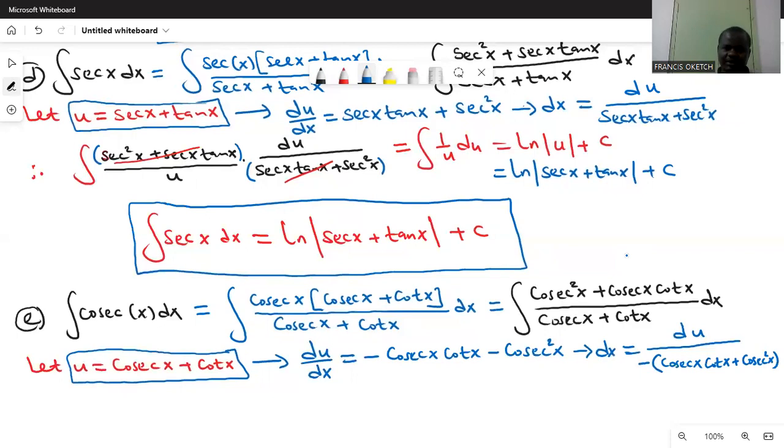So that's what we have as the differential of x. So let me bracket this one. That's also very important.